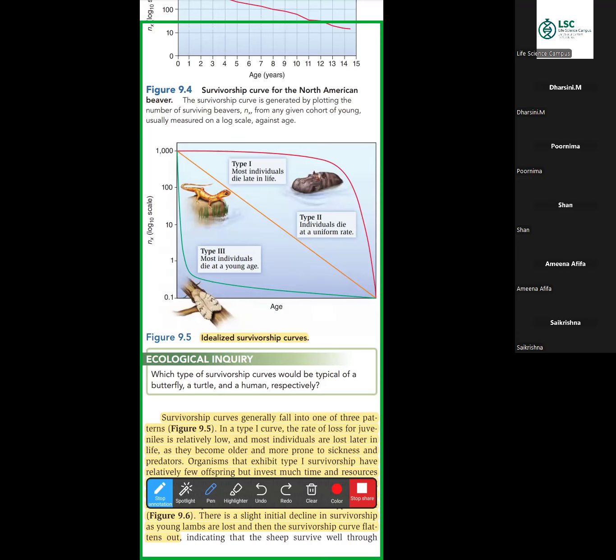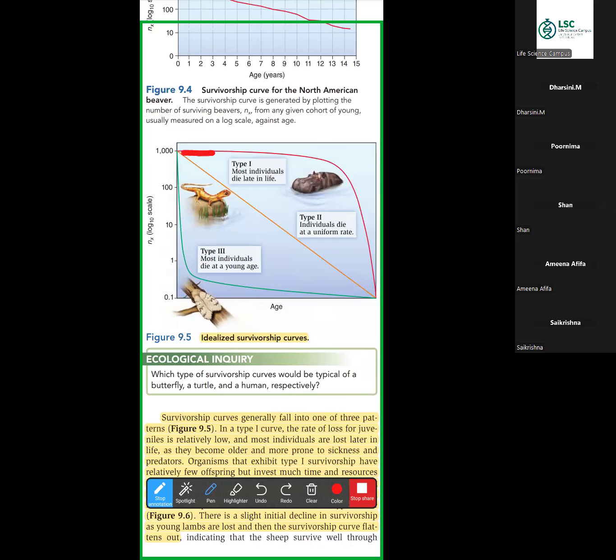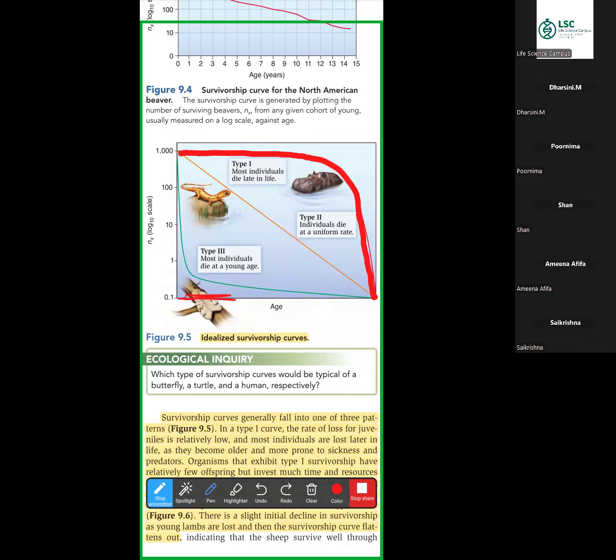First, we can move on to type 1. This is the type 1 survivorship curve. I have already told you that this portion of the curve indicates juvenile individuals, this is the reproductive individuals, and this is aged ones. In this portion, the number of juvenile individuals is 1000.